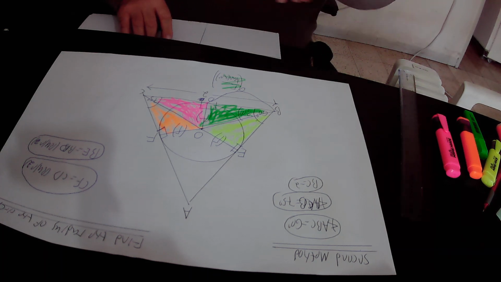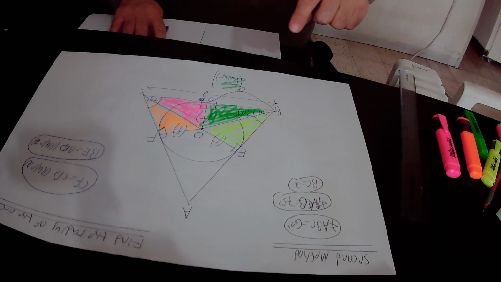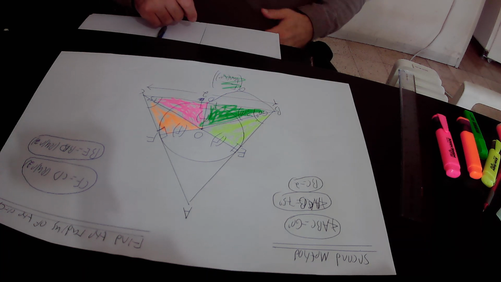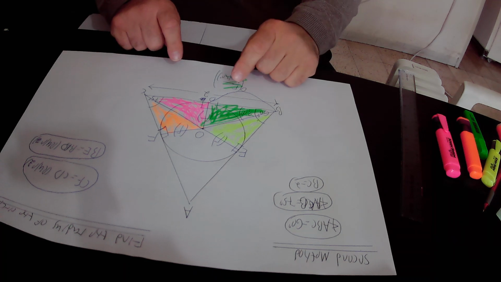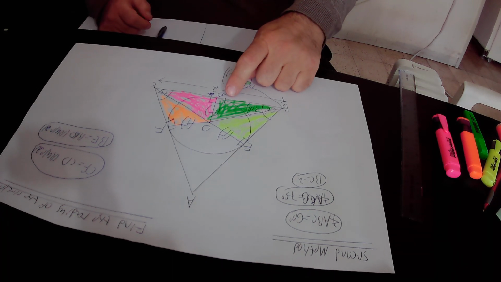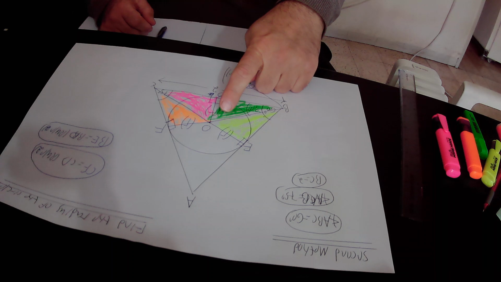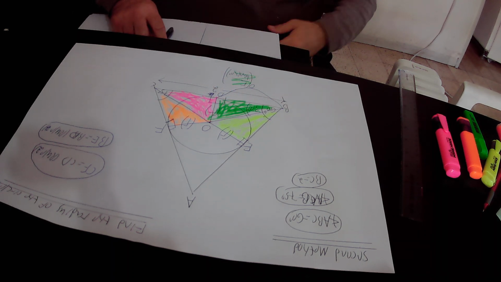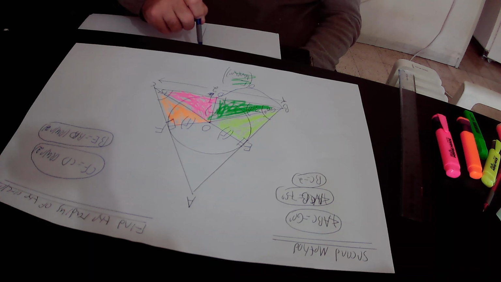So I'll do it quickly because we already did it with those two right triangles. Here, side OD equals side OF. They are both radii of the circle, therefore they are equal to each other.